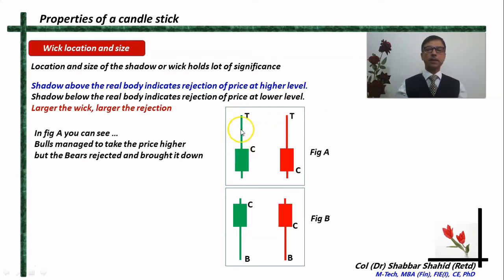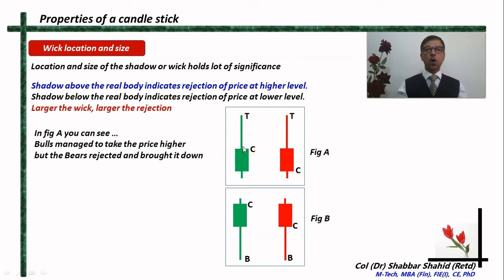They could manage to take the price higher, but at this top, the price was rejected by the bears, and the bears managed to pull it down again, in the case of the green candle till this point, and in the case of the red candle further down till this point, the closing point. That means the price was rejected at the higher level, and this rejection has been quite high.